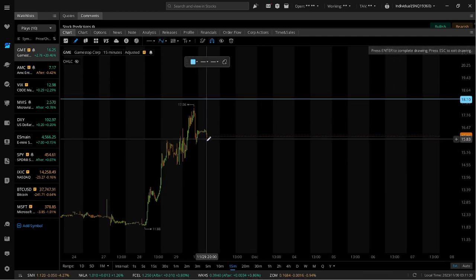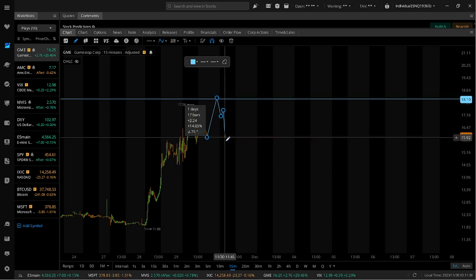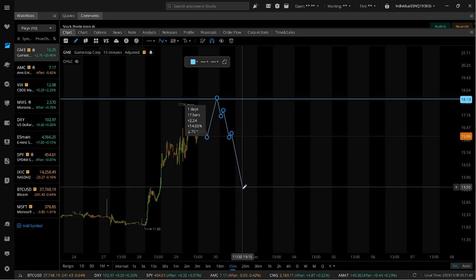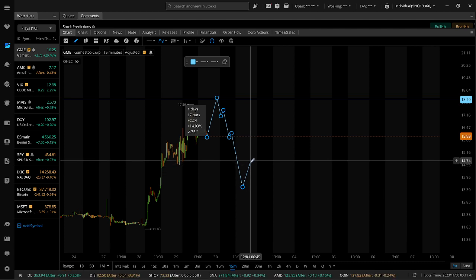So what I think it should do is come up, fill the gap, and then just absolutely tank. Just shit the bed, right? Comes up again.